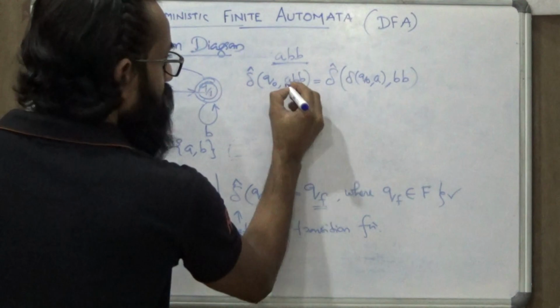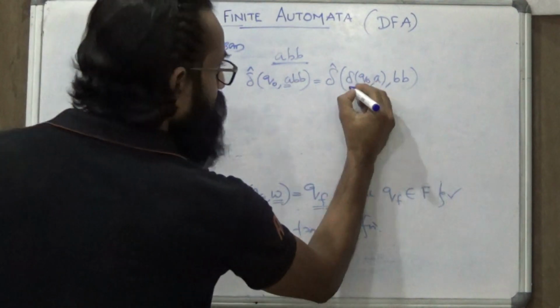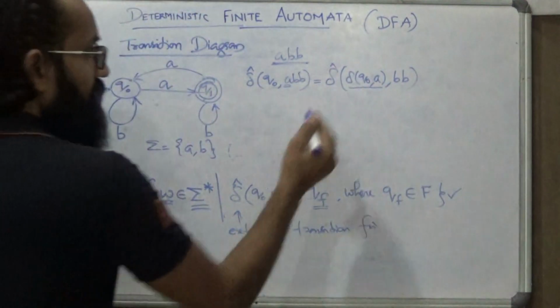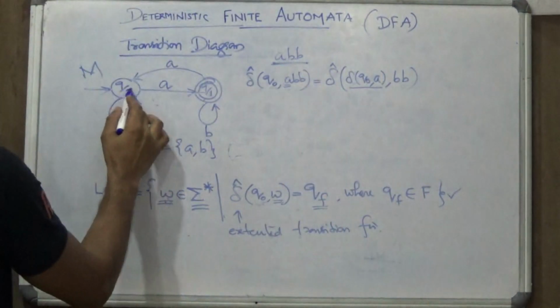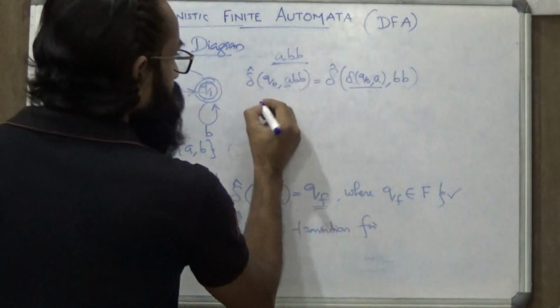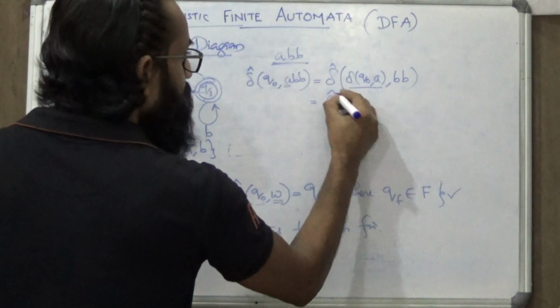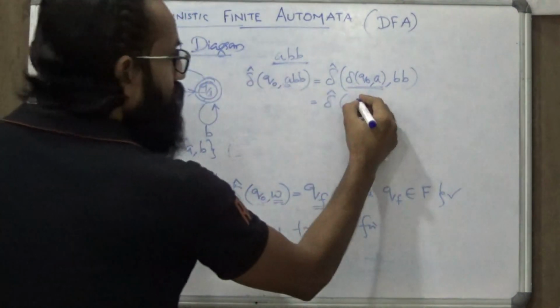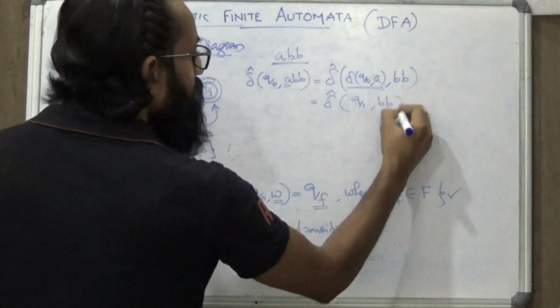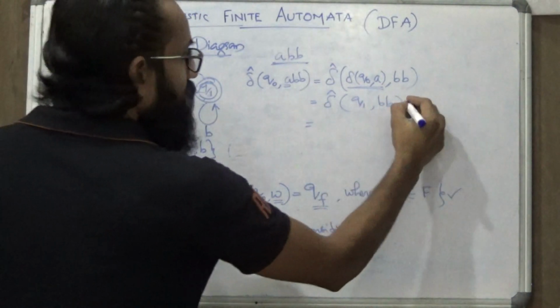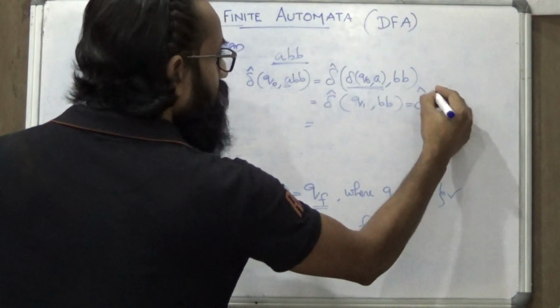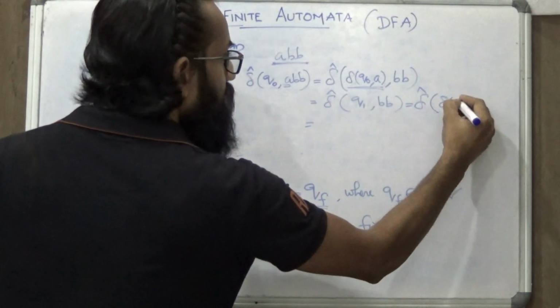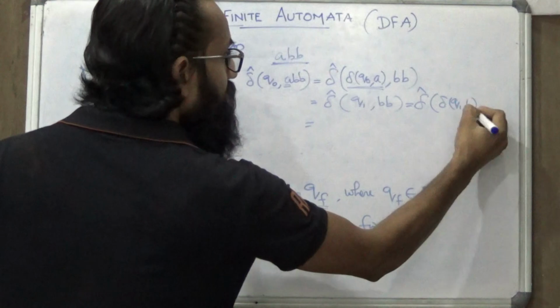From state Q0 it will read input A. What is delta of Q0, A? Delta of Q0, A is Q1. So this is equal to delta cap of Q1, BB.